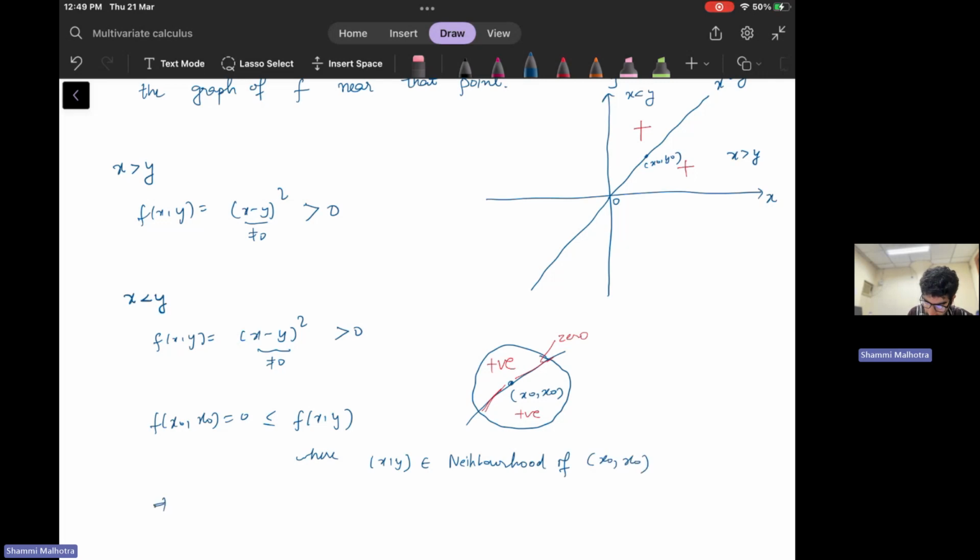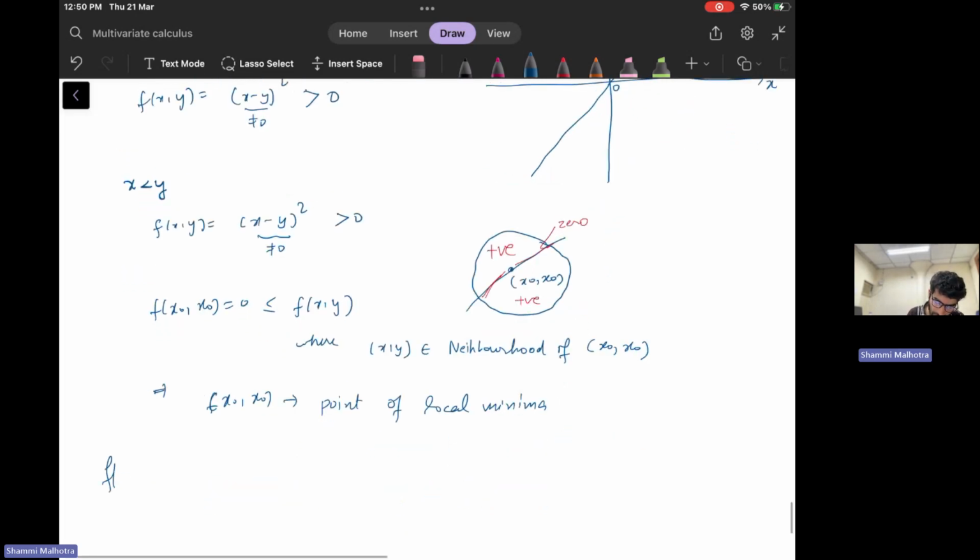So x naught comma x naught is a point of local minima, and the same thing can be done for any x naught in R. So this whole line, all the critical points, are points of local minima, and we can see this by analyzing the function locally, and all the points are points of local extremum.